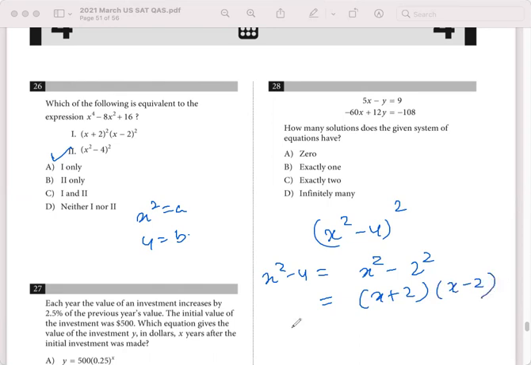So I can write x squared minus 4 the whole square as x plus 2 the whole square and x minus 2 the whole square. So in fact, 1 is also correct. So this expression is equivalent to both 1 and 2, option C.